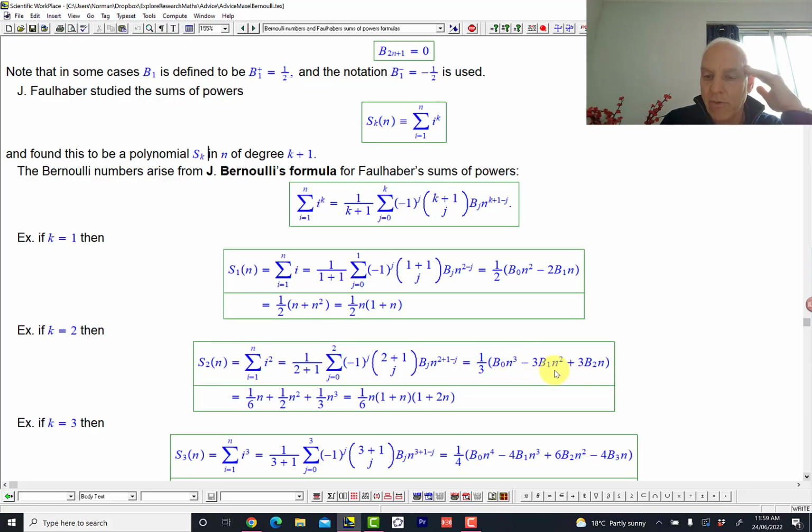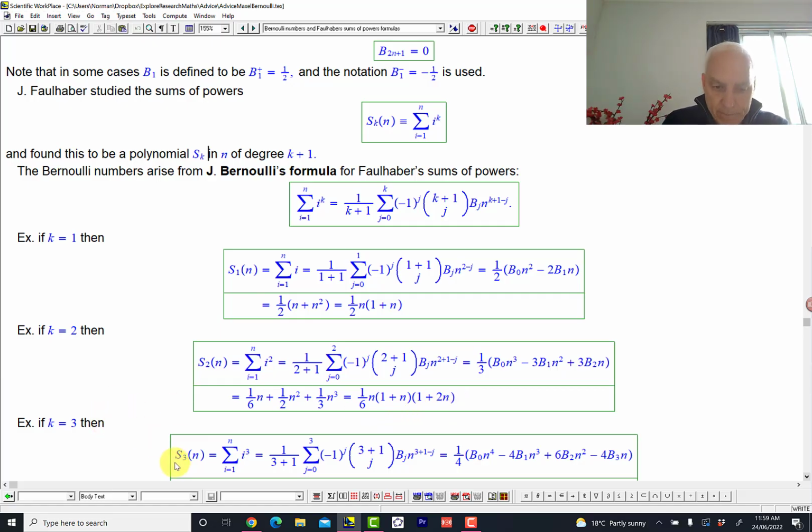Here's j equals 1, we get minus 3 b1 n squared. And here's j equals 2, 3 b2 n. You plug in the values that we know, b0, b1, and b2. So b0 is 1, b1 is minus a half, b2 is 1/6. You plug them in, and you get this expression here, which factors as 1/6 n times 1 plus n times 1 plus 2n. A familiar sum of squares formula.